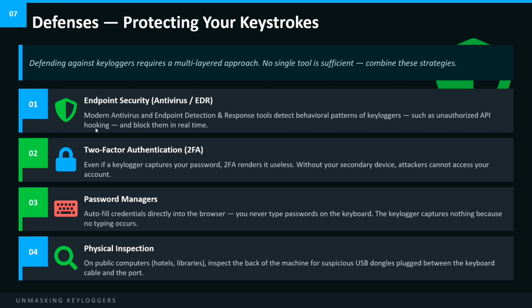I said, right, it will track every key that you pressed on your keyboard, that is all going to be detected, because endpoint security will detect the behavioral patterns of a keylogger. It will detect and automatically block the keylogger.